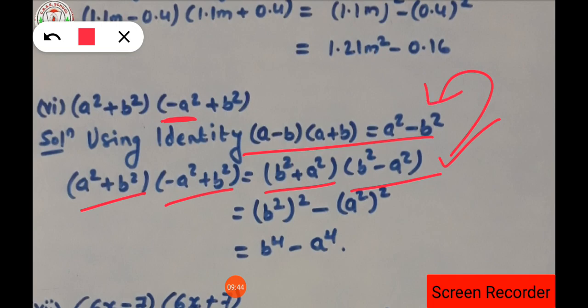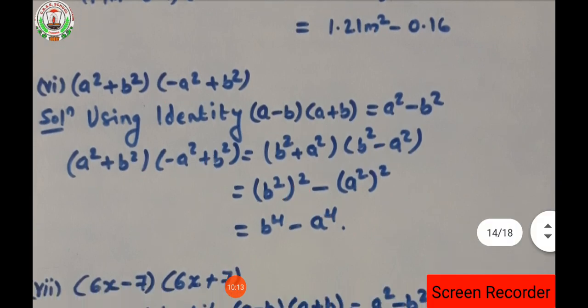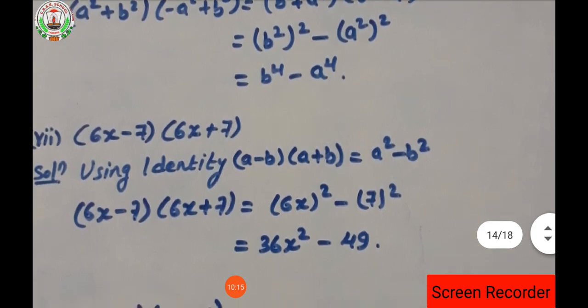In order to suit the question to the identity form. So now the identity suits these questions, that is (a - b) into (a + b) is equal to a square minus b square. So a value is b square and b value is a square. So (b square) the whole square minus (a square) the whole square. So the answer will be b to the power 4 minus a to the power 4. Clear?